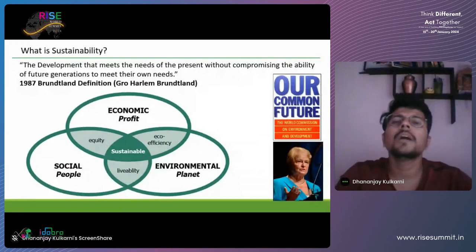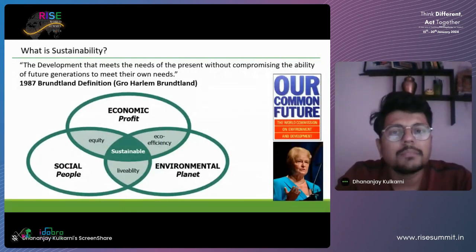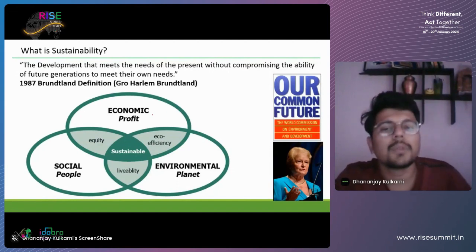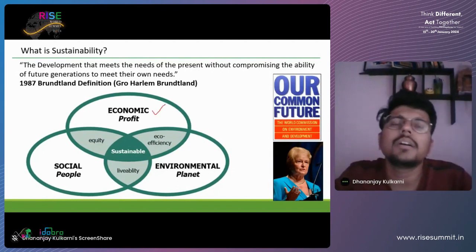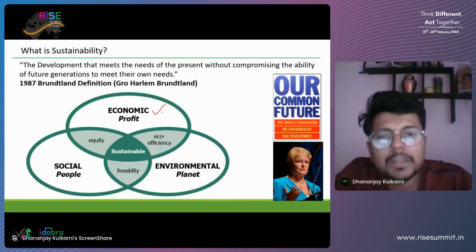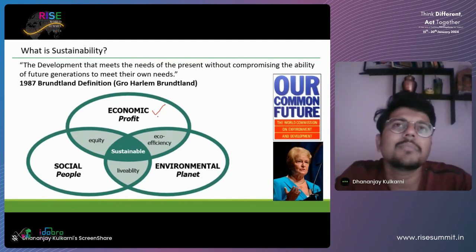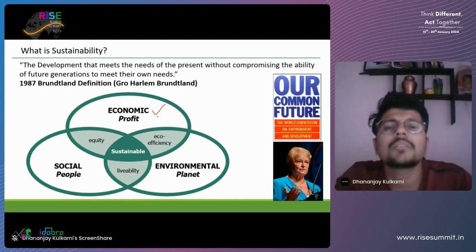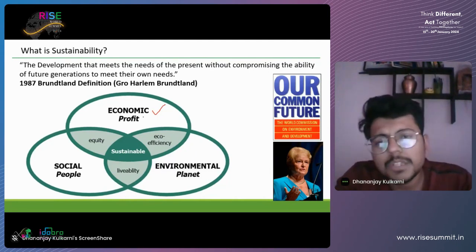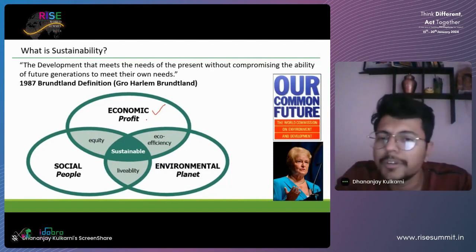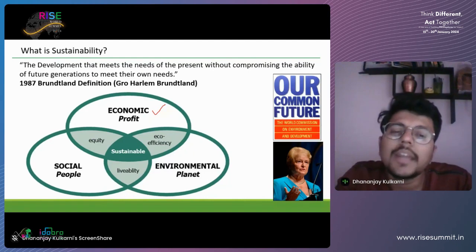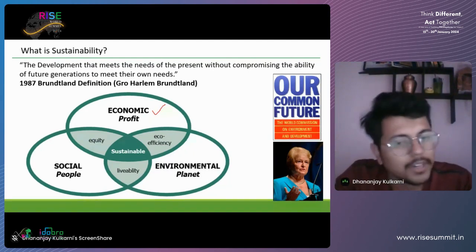For example, for sustainability, we cannot say that we are achieving it just through economic profit. Let's say we take a village, right? If all the people are getting minimum wage or livelihoods, as we call it, for economic profit, but at the same time they are harming the environment, right?